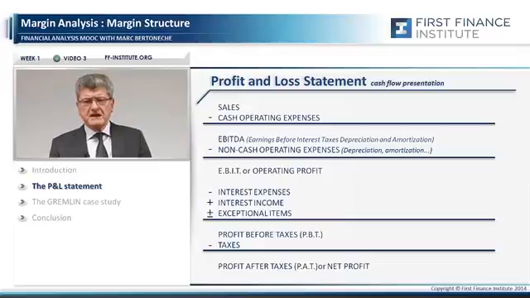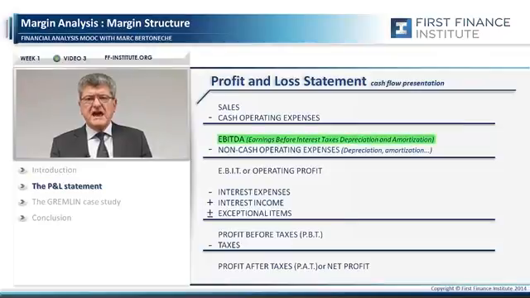More recently, some companies have adopted another classification by separating the cash expenses, the ones which are followed by a real cash outflow, from the non-cash expenses, like depreciation, which are not followed by a cash outflow.